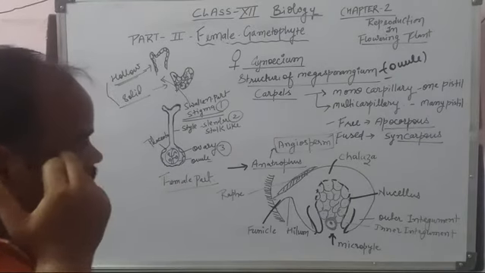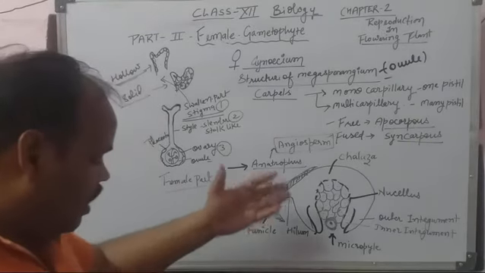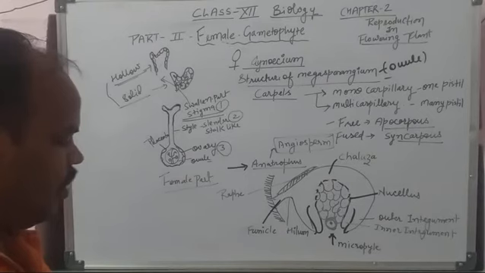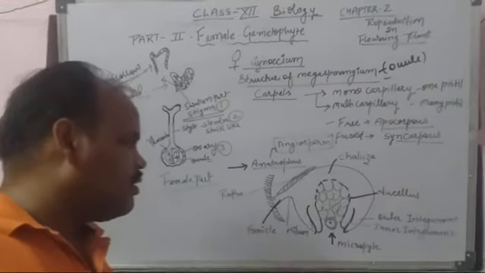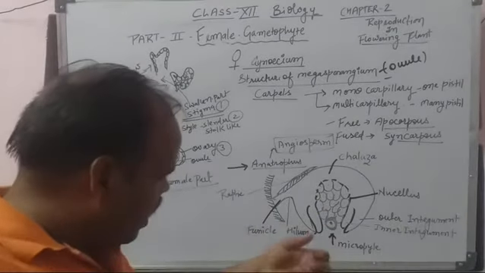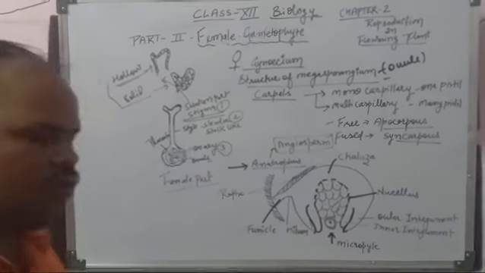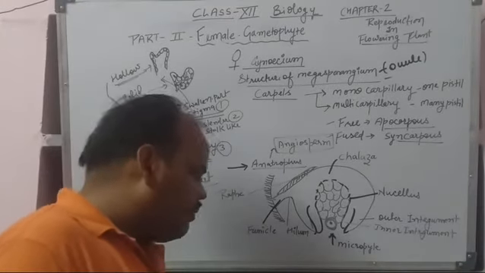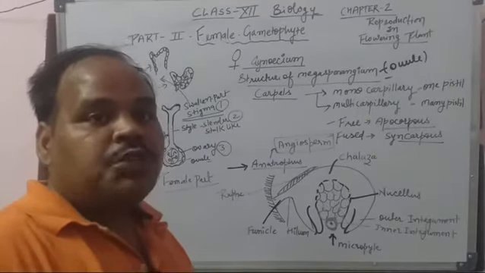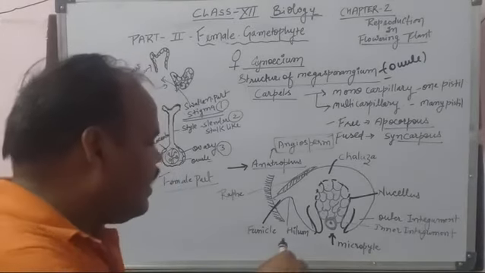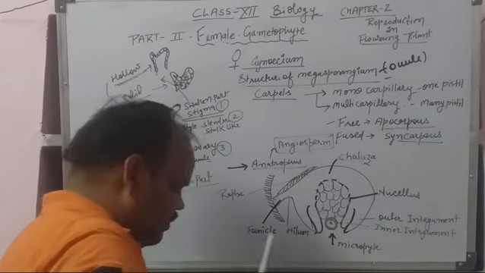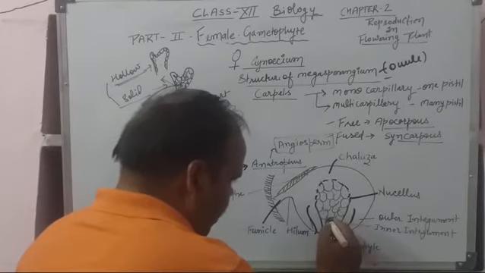So that is the structure of the megasporangium, or if you know about it, the ovule structure that has the nucellus part, which has only one cell that will germinate or produce the next megaspore formation.